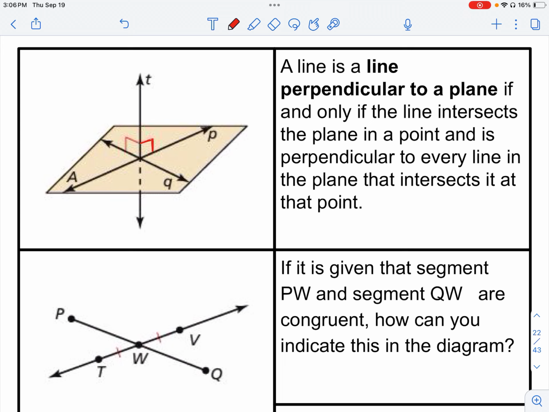So here line T is perpendicular to line P. Here we're perpendicular to line Q. So that's going to tell us that we are perpendicular to plane A, because every single line that goes through here on this plane, we have to be perpendicular to.